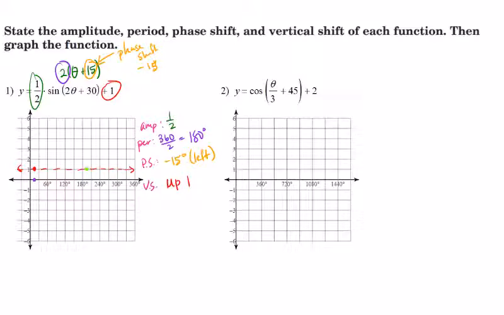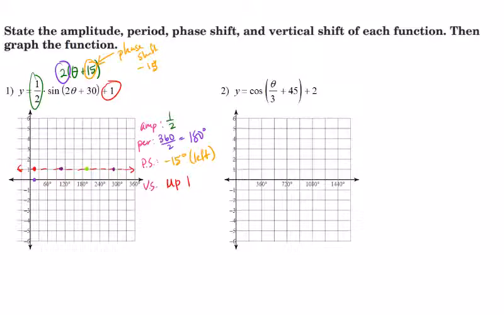So halfway in between there is where there's going to be a, let's see, is this halfway? No, it's not halfway. So maybe this is halfway. So halfway in between there is going to be where it crosses the x-axis. Okay. And then it's going to cross again in the same increment and so forth.